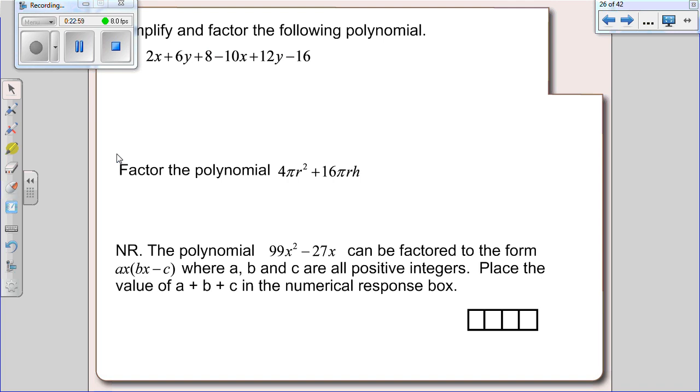You have 2x and negative 10x gives you negative 8x. You have 6y and 12y is plus 18y. And then you have 8 and negative 16, which is negative 8.